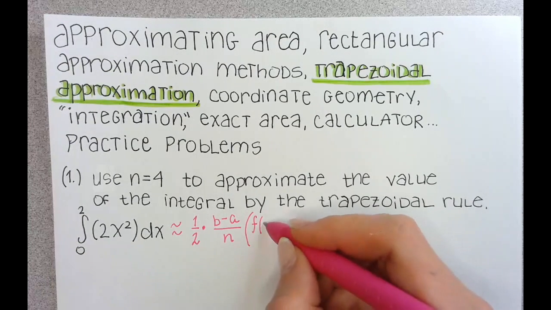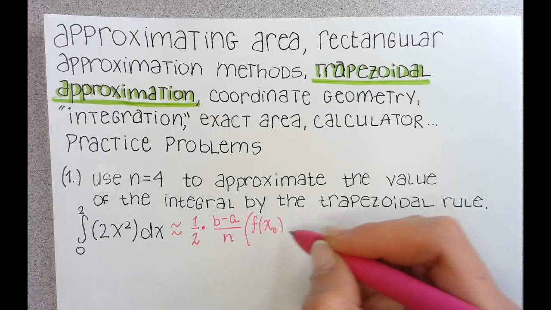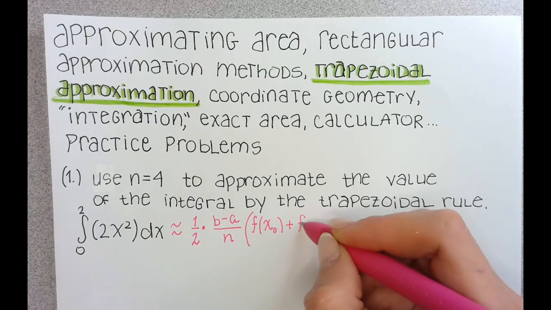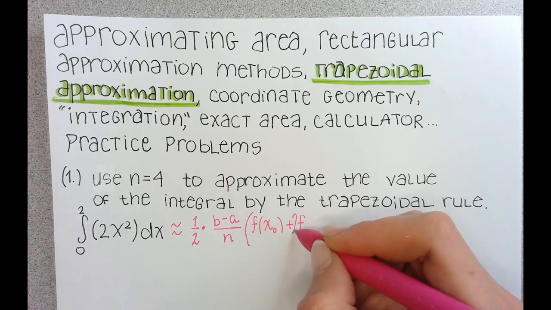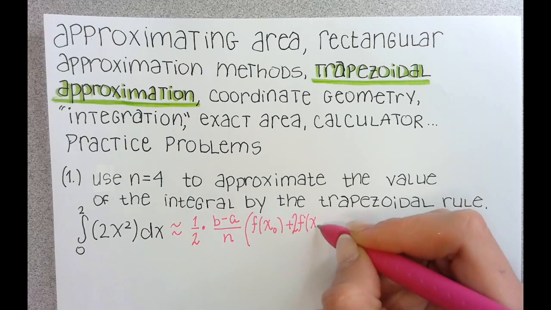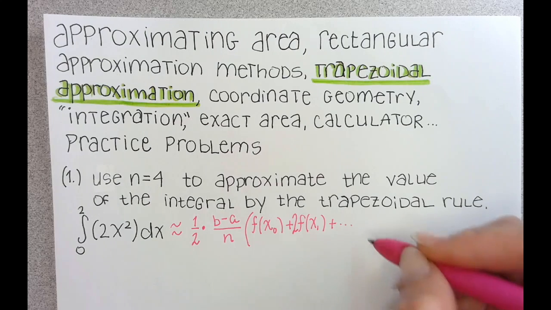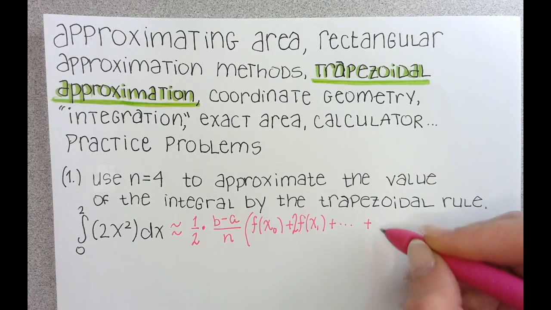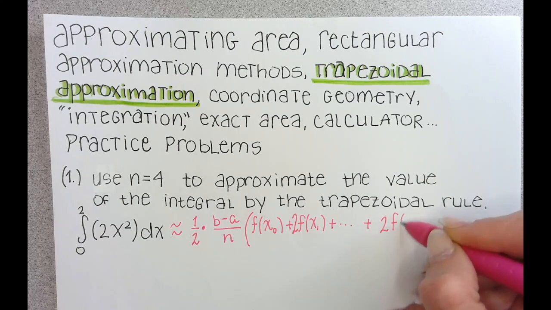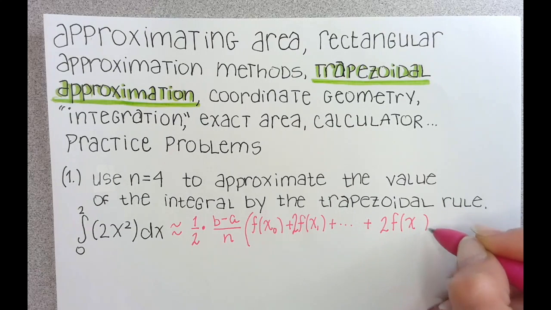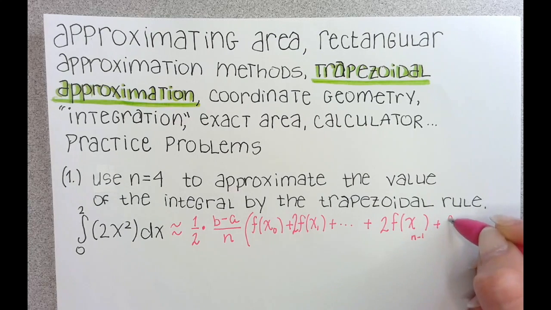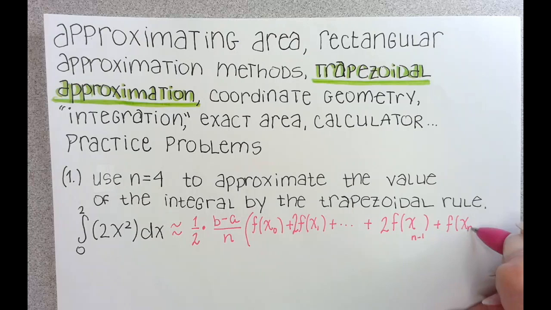I'm going to call it f of x sub 0 for right now to keep it a little bit more general, plus 2 f of x sub 1 plus dot dot dot. It would depend on how many you have, plus 2 f of x sub n minus 1, and then plus f of x sub n.